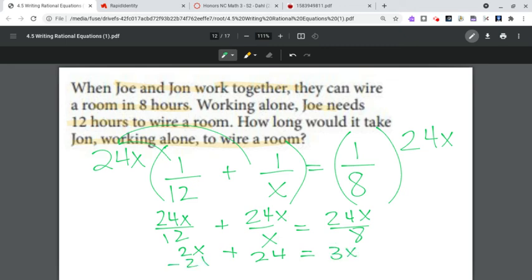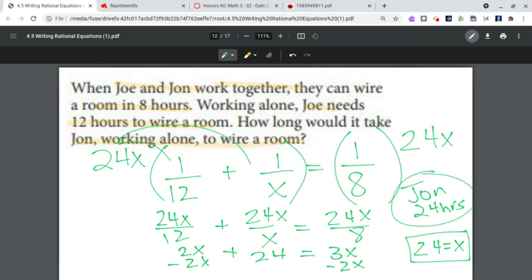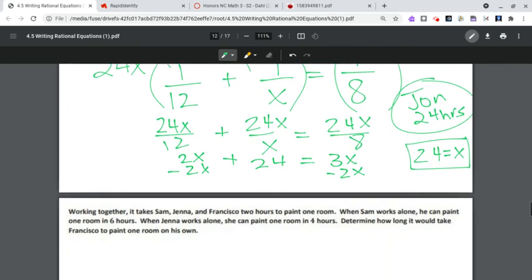Subtract 2x. 24 equals x. It would take John working alone 24 hours. That's an entire day. Okay.